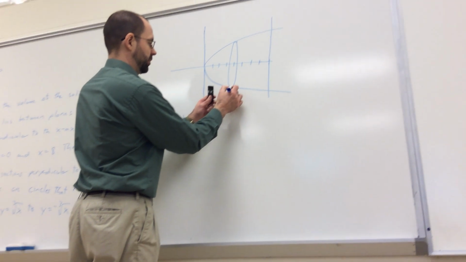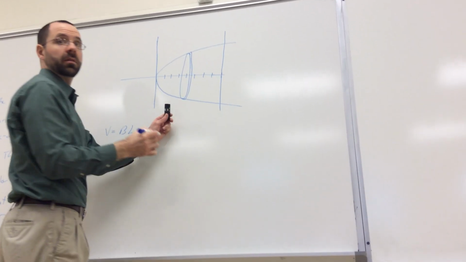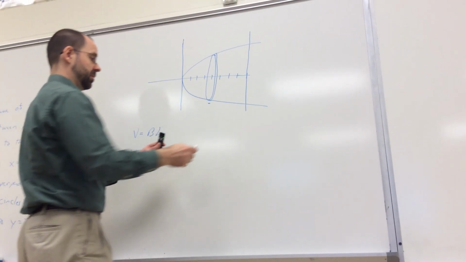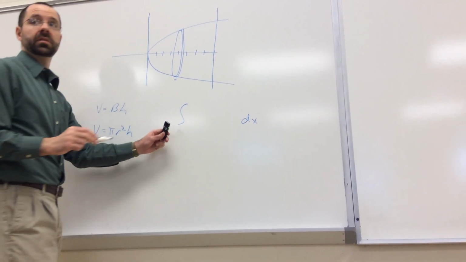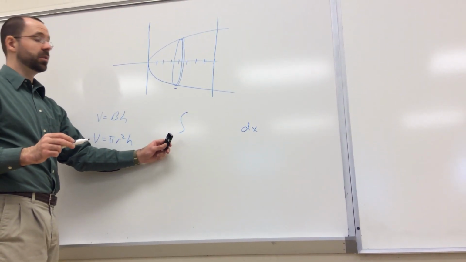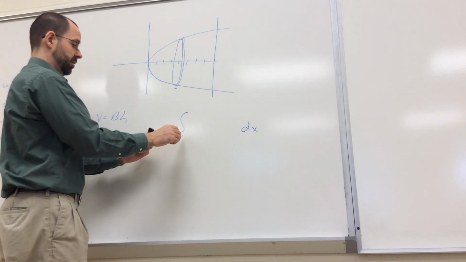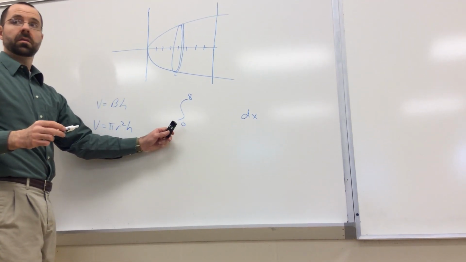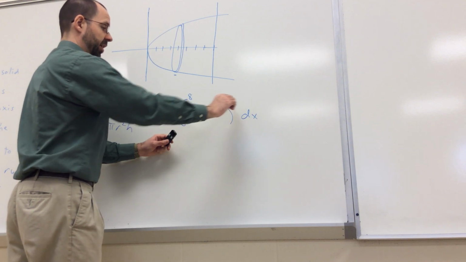So the thickness is this way, right? So the height is dx. Gotta have infinitely many of them, running from 0 to 8. And it's pi r squared.